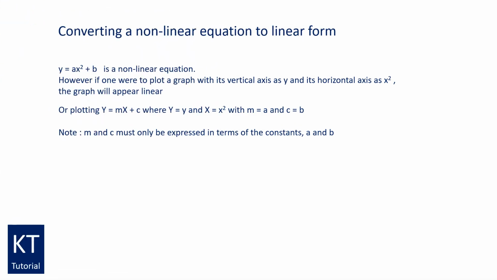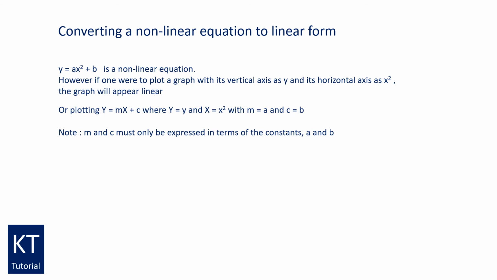Next, I want to talk about how we can convert a non-linear equation to linear form. As an example, y equals ax squared plus b is a non-linear equation. However, if we were to plot a graph with its vertical axis as y and its horizontal axis as x squared, the graph will appear linear.